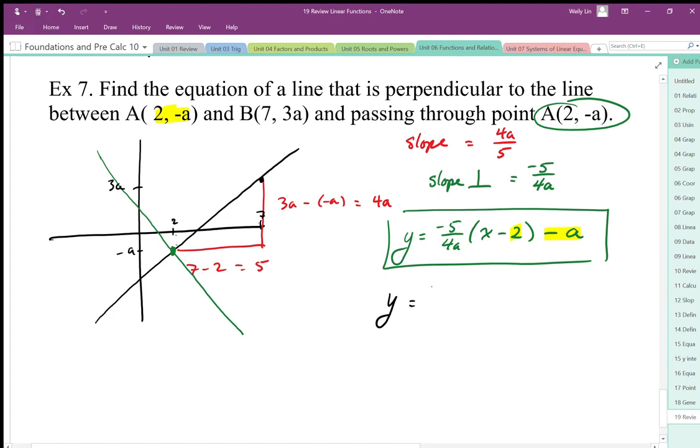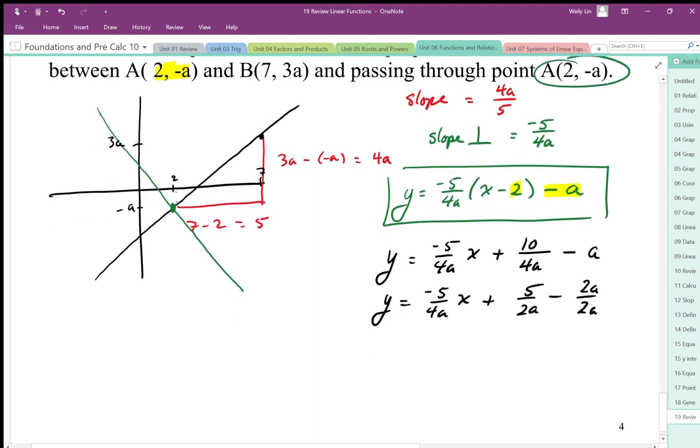So I end up with negative 5 over 4a x plus 10 over 4a minus, and let's just make that a, and then we'll combine those like terms. So we end up with negative 5 over 4a x plus 5 over 2a minus, we'll just make that 2a over 2a.